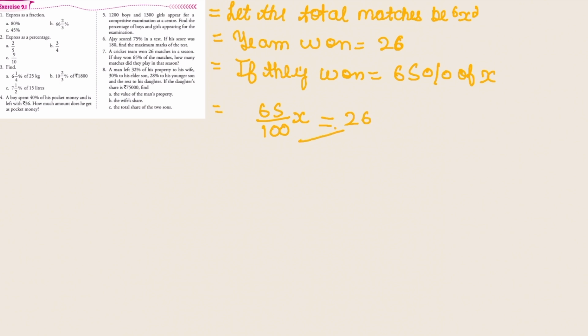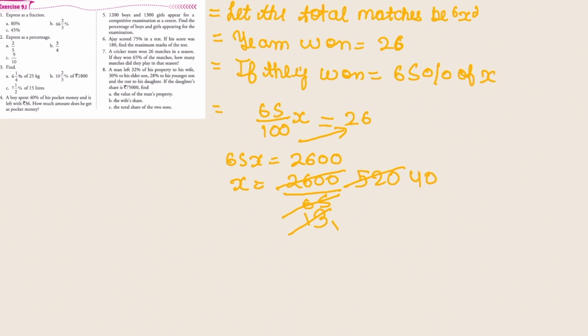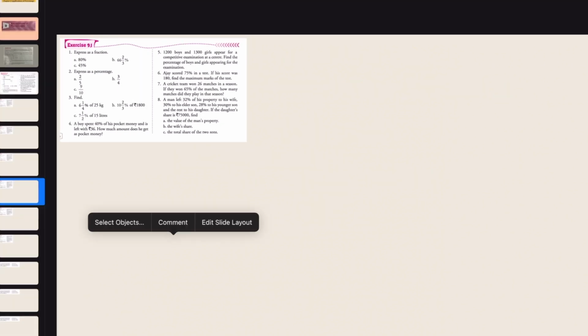Now it will go in multiply: 65x is equal to 2600, x is equal to 2600 by 65. Now it will get cancelled by 5, 13, 5, 20, 4. This will be 40. So the total matches they played was, sorry, 40. This is the number.